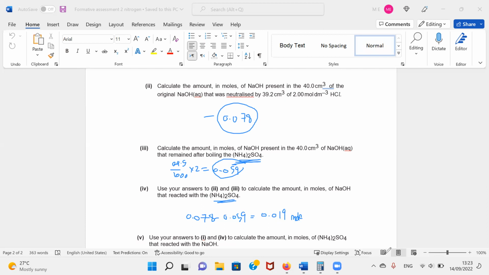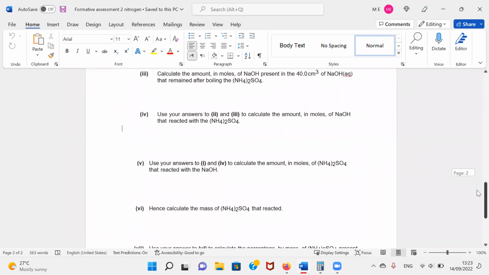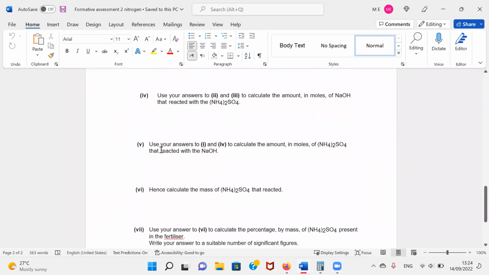The second requirement here, let me just clear this. The second requirement: use your answers to calculate the amount of moles.